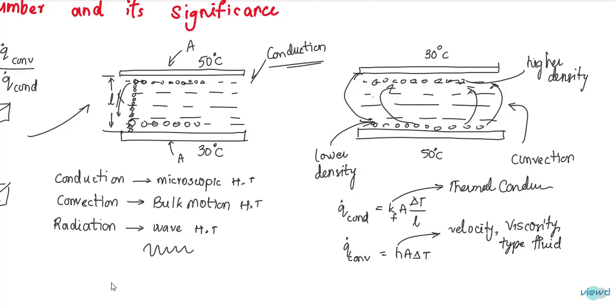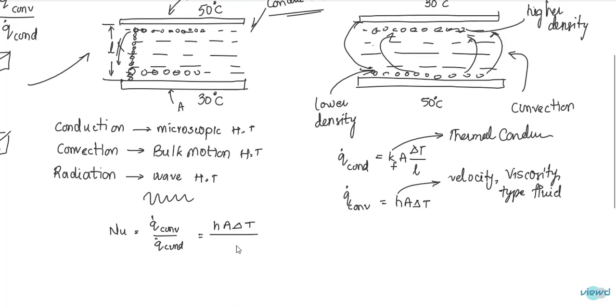Now what is the Nusselt number? Nusselt number is equal to Q convection by Q conduction. What is Q convection? H A into delta T, divided by Q conduction, the heat transfer due to conduction, Kf into A into delta T by L. So here A gets cancelled, delta T gets cancelled, and finally remaining is H L by Kf.